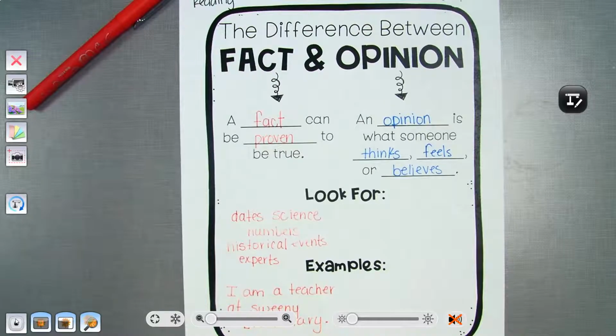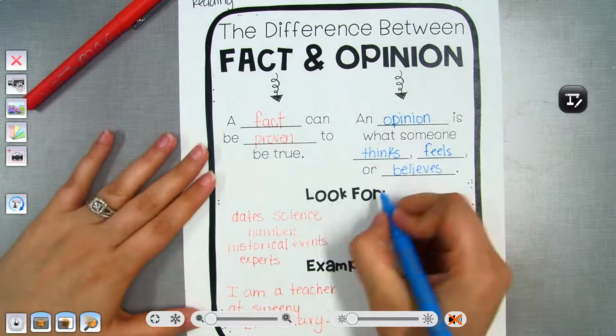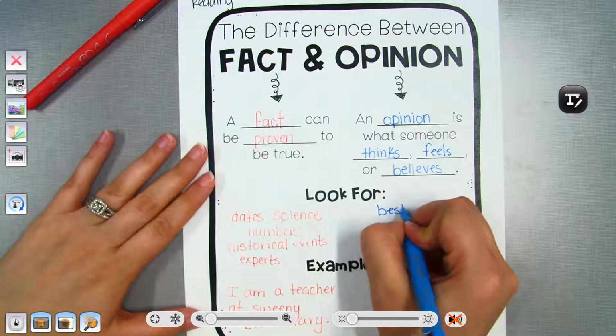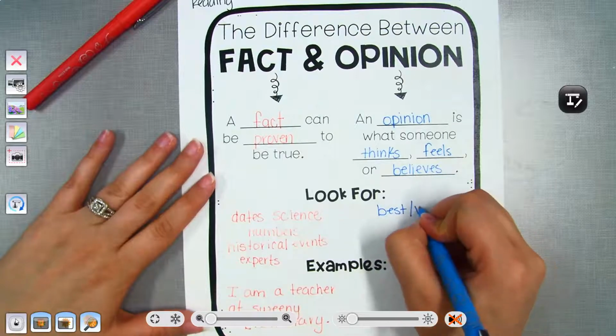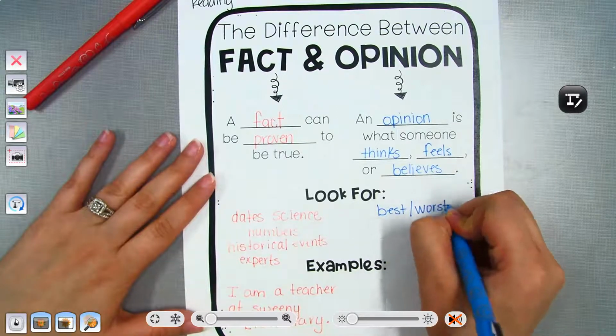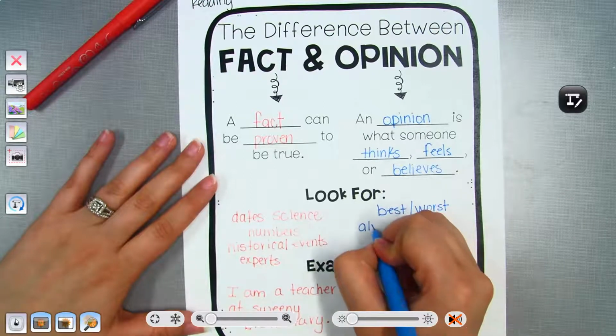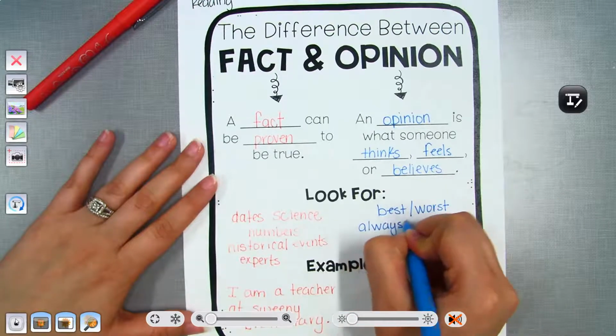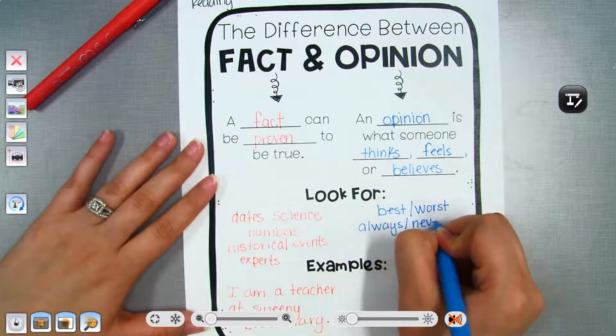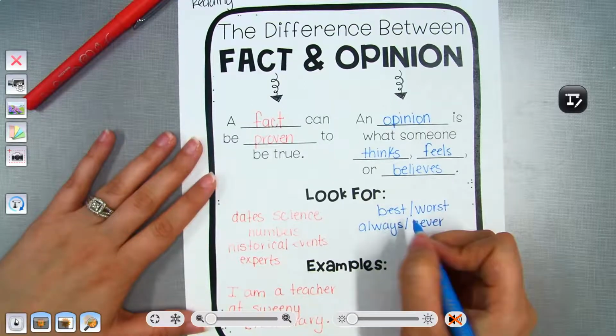So what are we going to be looking for when we look at sentences and we're trying to figure out, is it a fact or opinion? They're going to use words like best, worst, always, never, feelings.